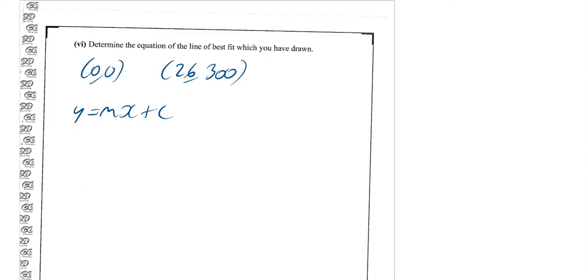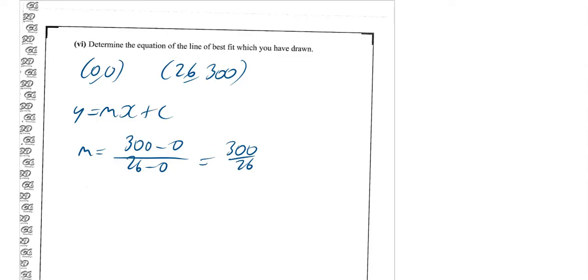I'll sub this point into my equation. My gradient, my m, is my vertical distance over the horizontal distance, so 300 minus 0 over 26 minus 0, which in this case is just 300 over 26.